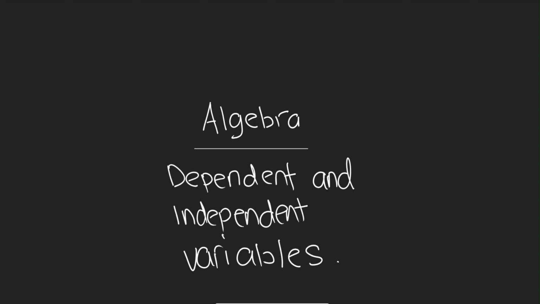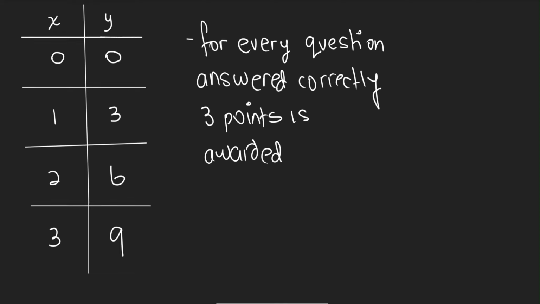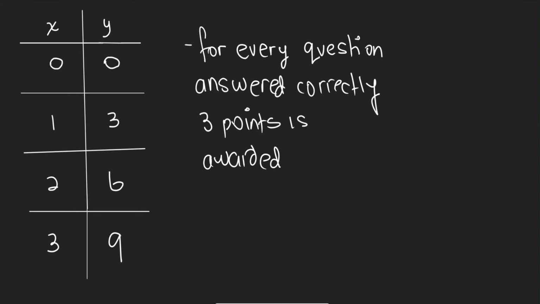I think if we can see this in a value table, you will understand this better. So I have actually gone ahead and prepared a value table so that you could see this and understand this better. Now I'm using variables x and y for a specific reason, which I will let you know in a short while. Now the condition is, for every question answered correctly, 3 points is awarded. So every question you answer, you get 3 points.